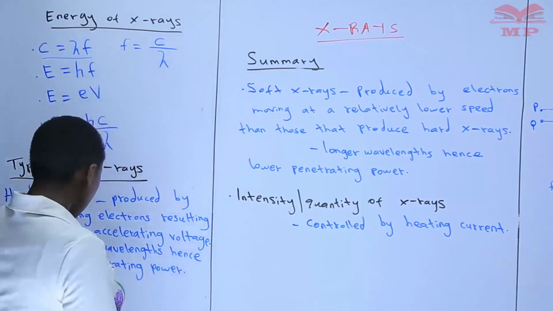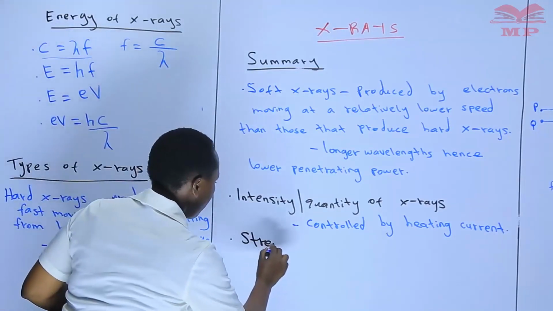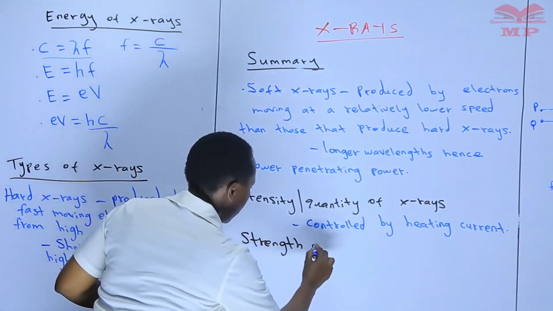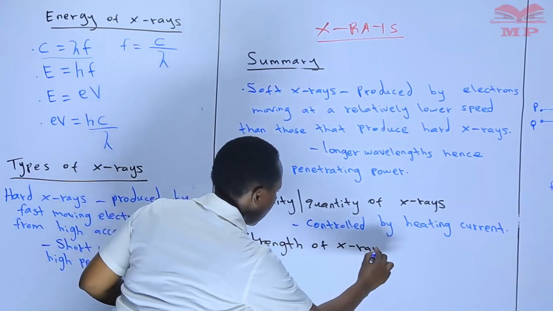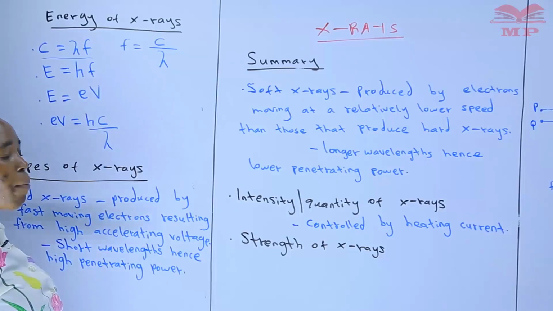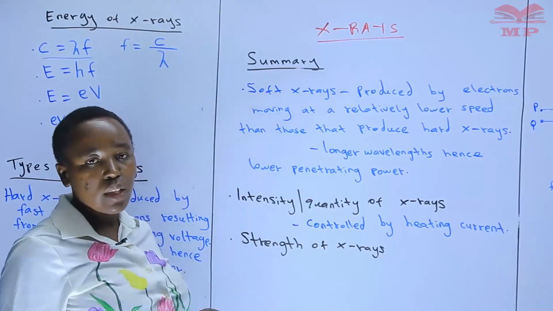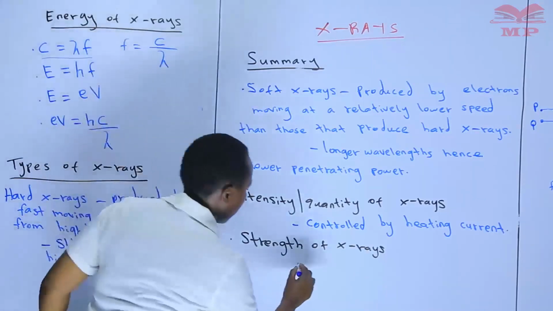Then we have the strength of X-rays. The strength of X-rays is determined by the accelerating voltage between the cathode and the anode.